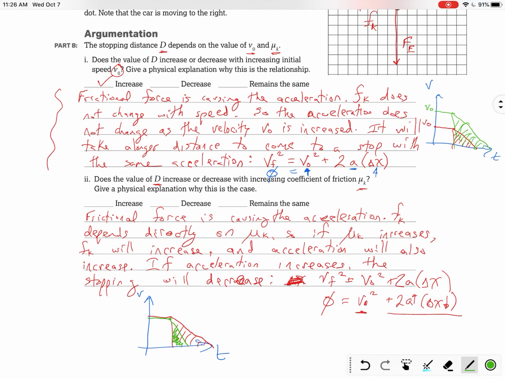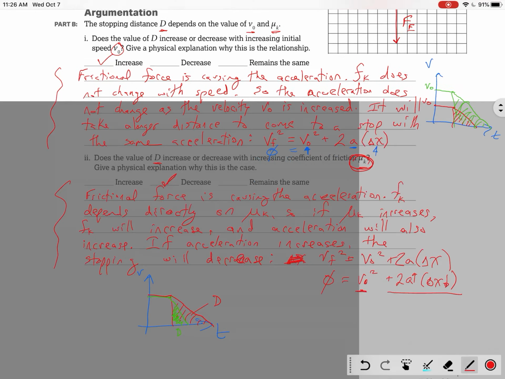And so this triangle represents, again, the displacement during that time. Obviously the green triangle is smaller than the red triangle, so increasing mu sub k will cause a decrease in the stopping distance. So I wanted to explain the physics to you. Again, I've used a lot more words than you really need. Just what is written in red would be sufficient.